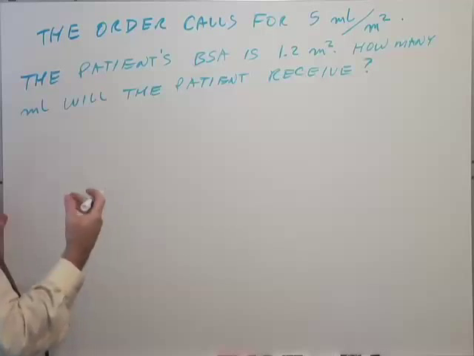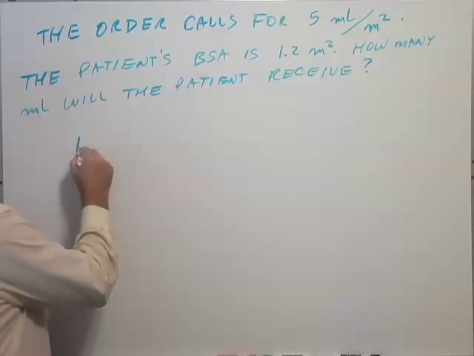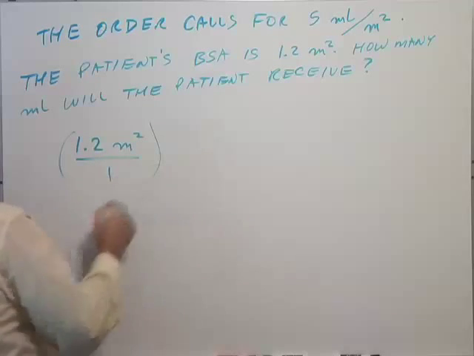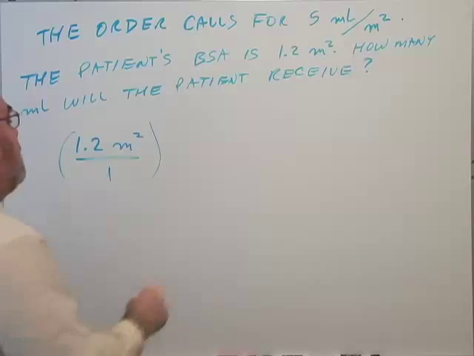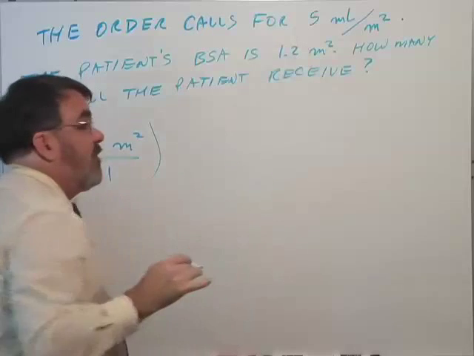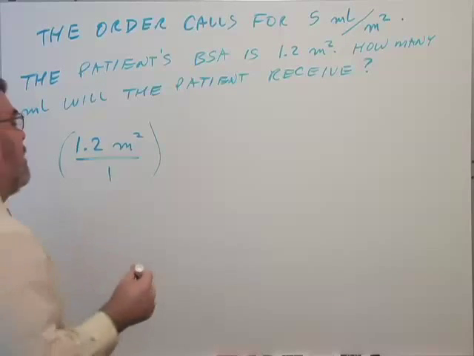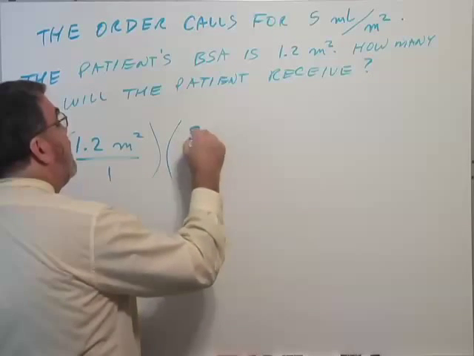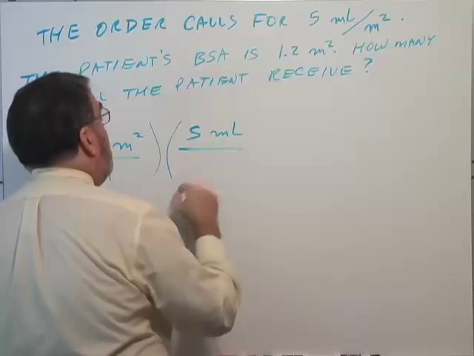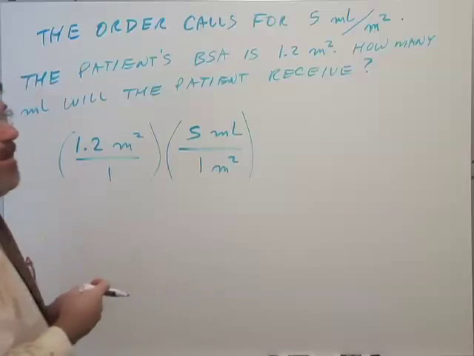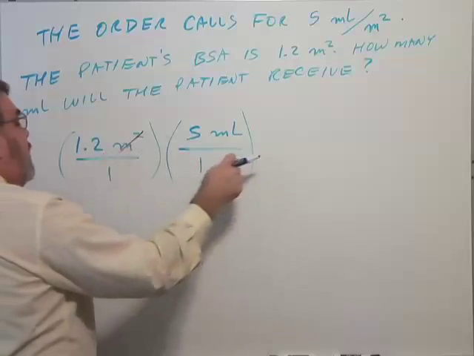All right, so the patient's information comes first, 1.2 square meters. And the prescription is 5 milliliters per square meter. So we want to cancel square meters and replace it with milliliters. So this gives us 5 milliliters over 1 square meter. So that cancels the square meters.